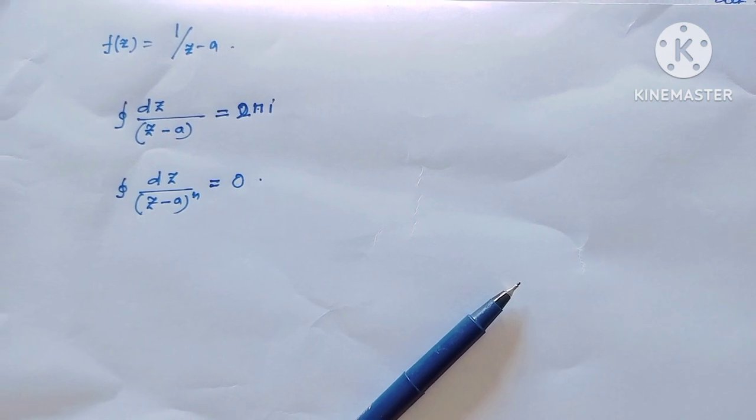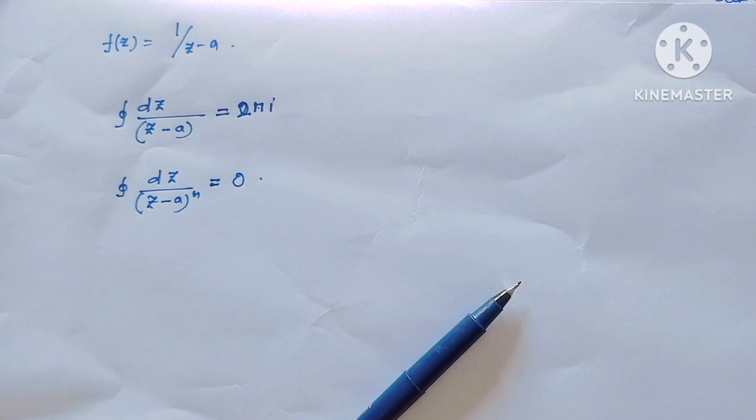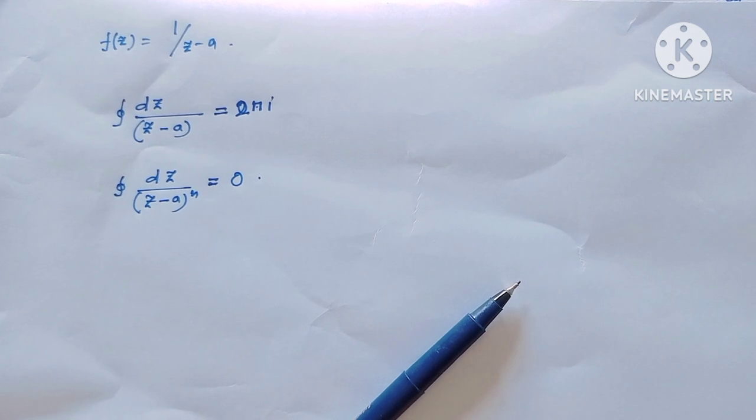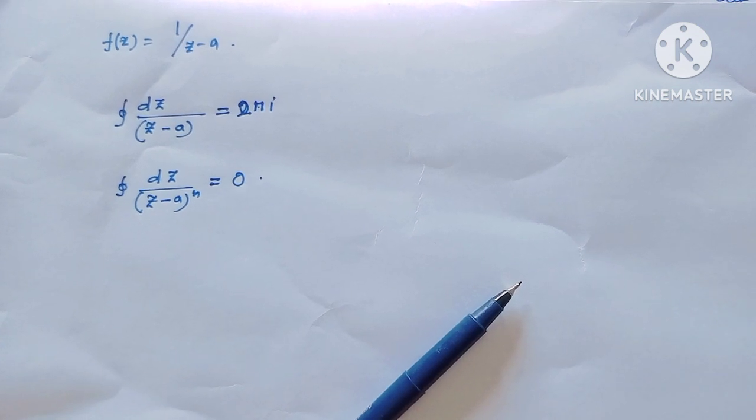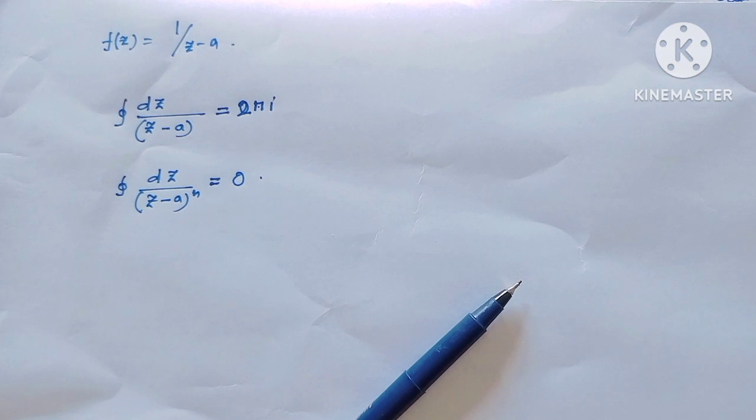And this result is a very important result for higher study. Next, I will show some more examples of Cauchy's theorem, because Cauchy's theorem is a very useful result for complex analysis. If you know Cauchy's theorem, then you can easily solve any integration.